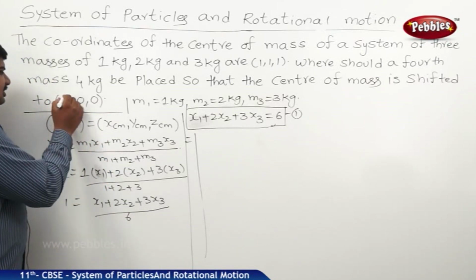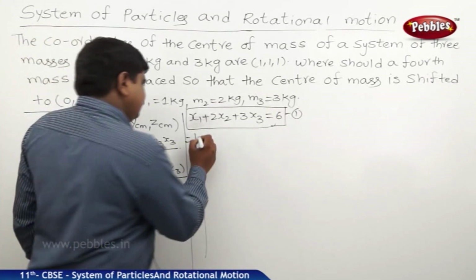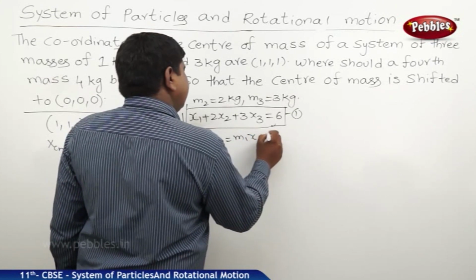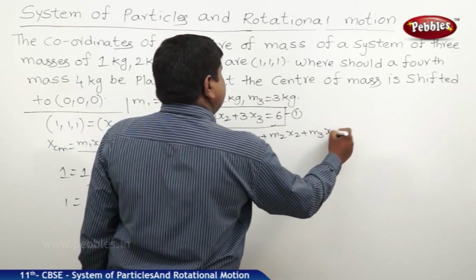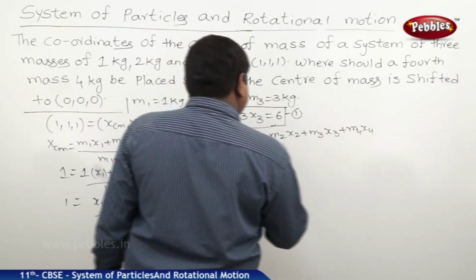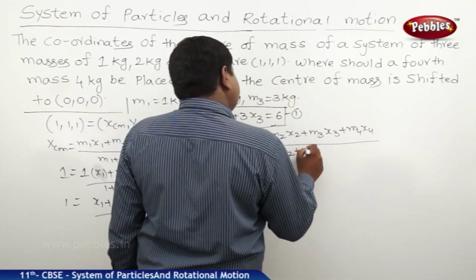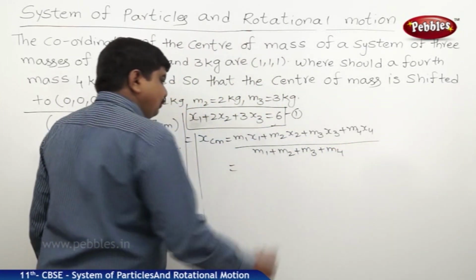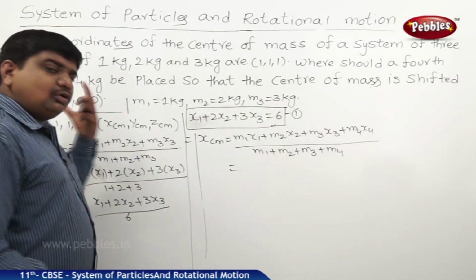Now we substitute 0 in the place of xcm and do the remaining calculation. So xcm is equal to m1x1 plus m2x2 plus m3x3 plus m4x4 whole divided by m1 plus m2 plus m3 plus m4. xcm is 0 because we are finding the new coordinates.